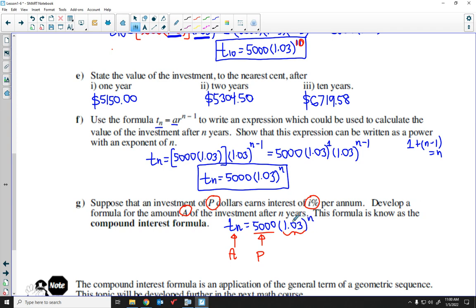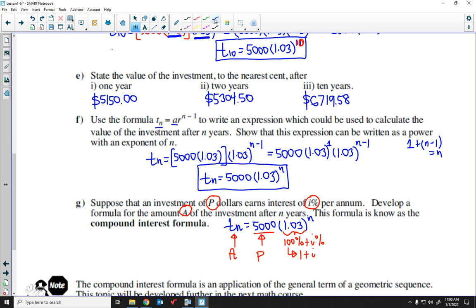Now, how exactly did we calculate what 1.03 was? What we did is we had 100% plus the actual interest rate, which was I%. If we write this down as decimals, though, 100% would just be 1. And I, we just write down as I as a decimal, okay?